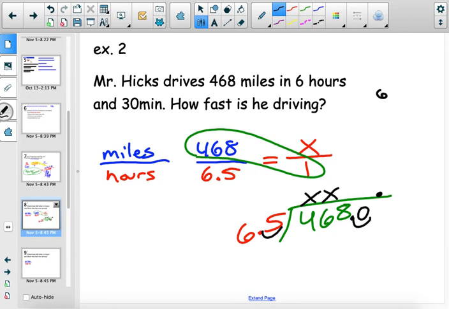We're gonna go 8 times. Too big. 7. Let's see. No, 6. You want to try 6? Too low. So it's going to be 7.